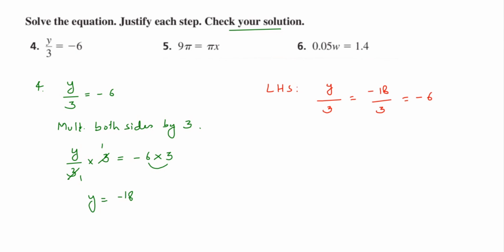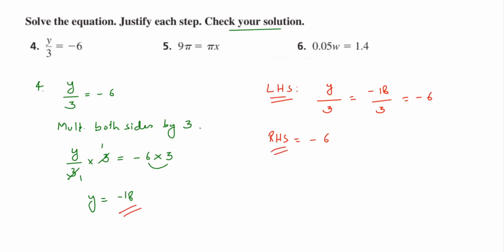If only one number is negative, you get a negative sign. If both numbers are of the same sign, the answer will be positive. So we get minus 6, and RHS is also minus 6. So your LHS and RHS are equal. This means your y value is correct.